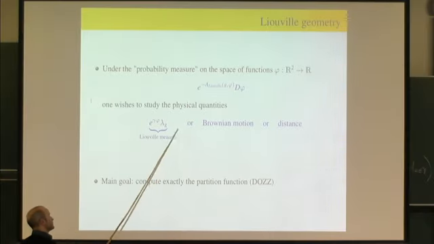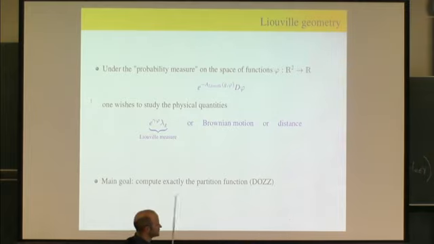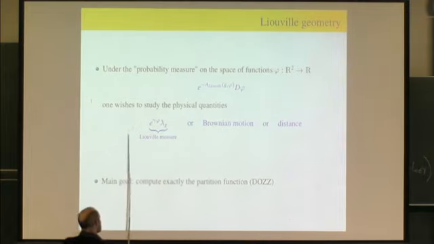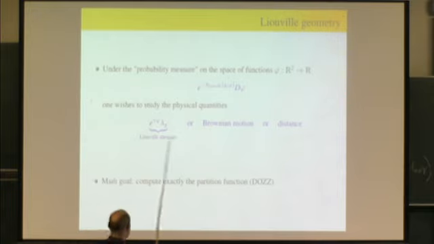So you can construct a volume form associated to this formal metric tensor. This is the Liouville measure, and I gave this expression to you a few minutes ago. You can also construct a Brownian motion out of this metric tensor.